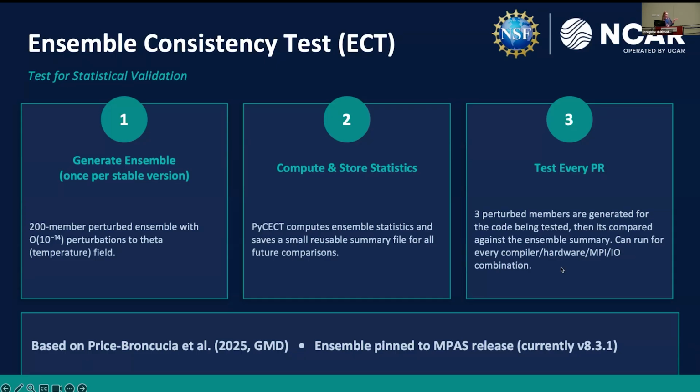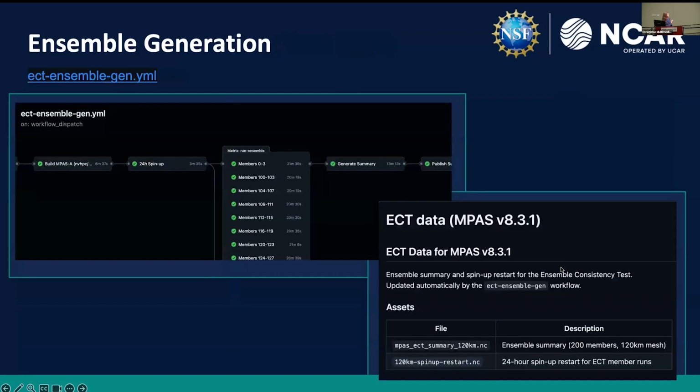But when there is a new science release for MPAS, which we're about to probably any day here have a new version released, you have to rerun the ensemble. And it's been kind of a pain doing that. But it is now also automated. So it makes it quite a bit easier, and the ensemble generation is tagged to the MPAS-Dev version as well.